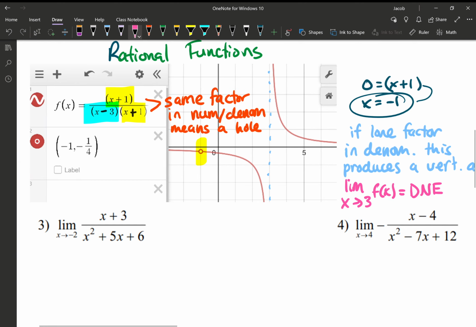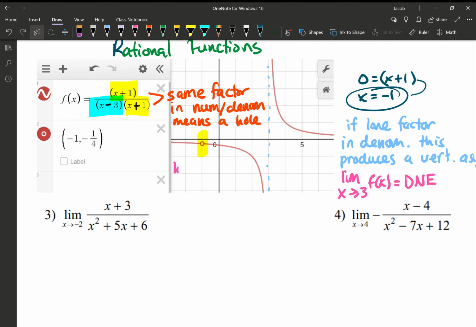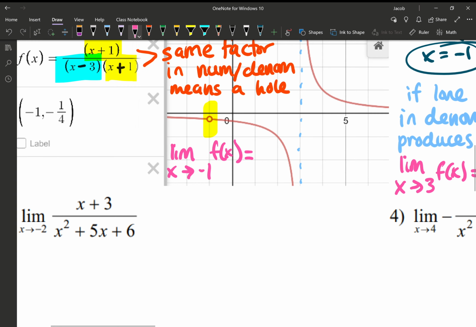But what if I asked you, what is the limit? Let me ask that right here. The limit as x approaches -1. And so you would have to tell me what y value we're approaching from the left and the right of -1.